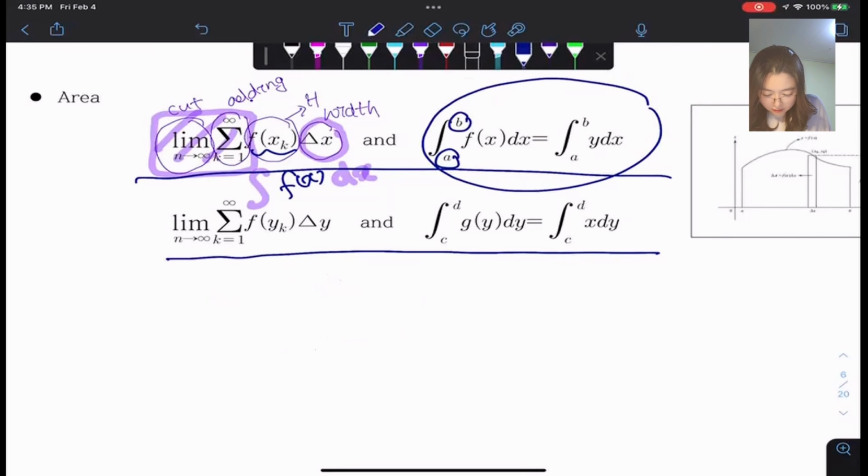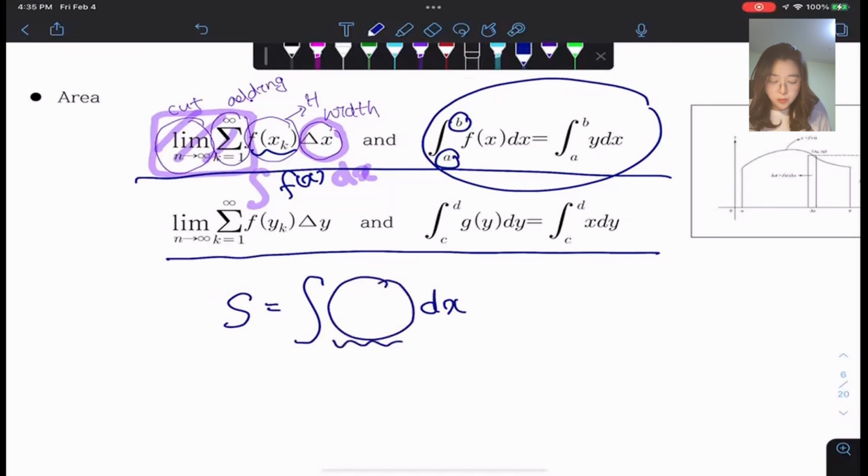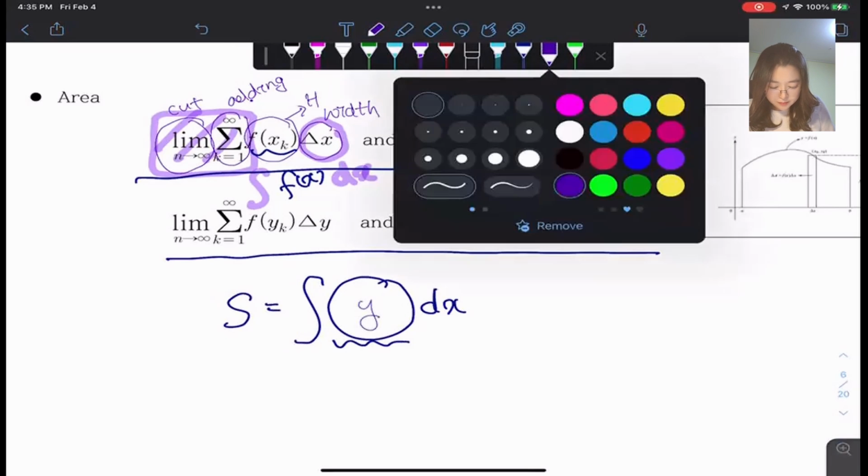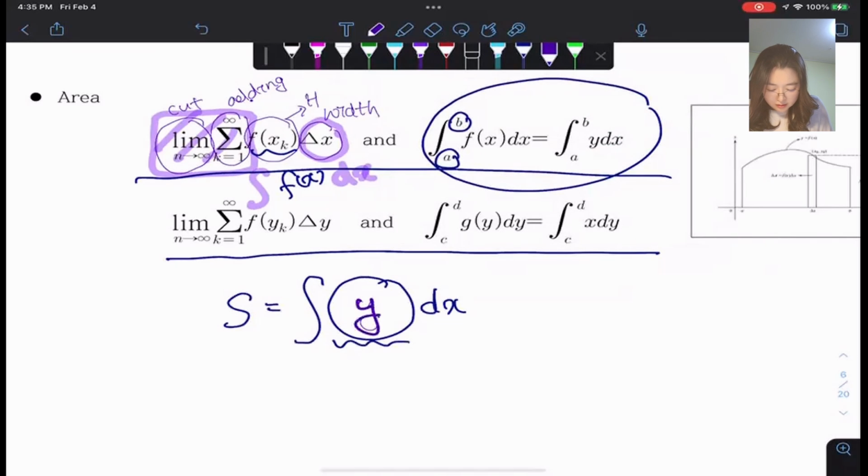Then S equals integral, set the dx and in the middle put the opposite variable y. Yeah. And the range is related to x.